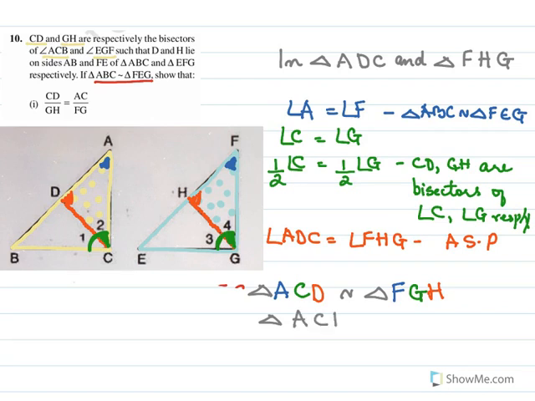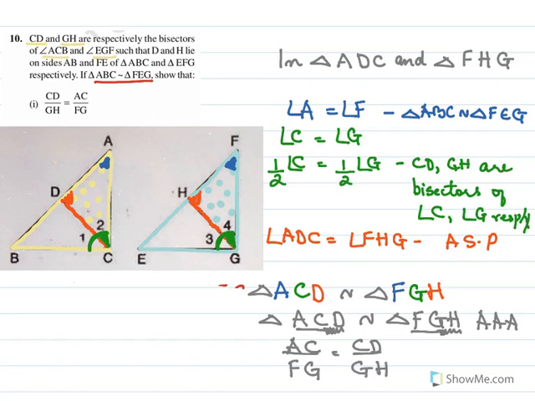So triangle ACD is similar to triangle FGH by AAA test. Now to write the corresponding sides, we have AC over FG will be equal to CD over GH will be equal to AD over FH.